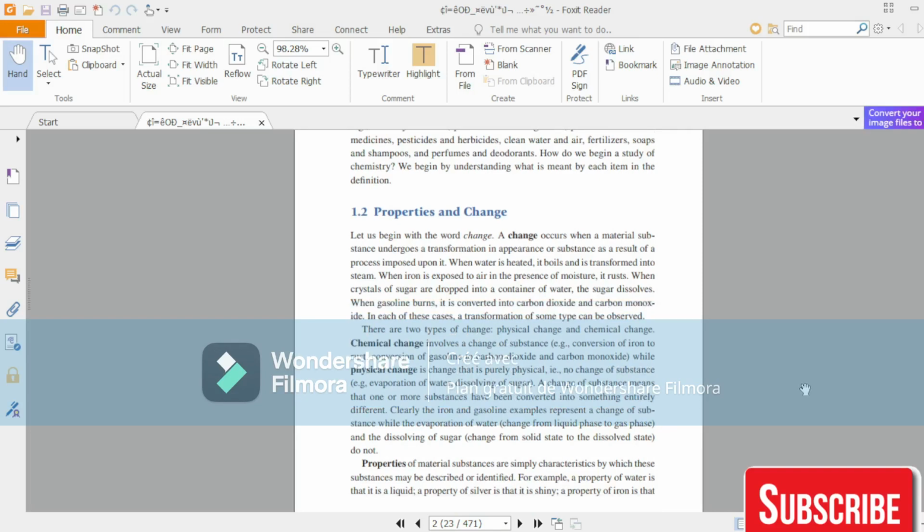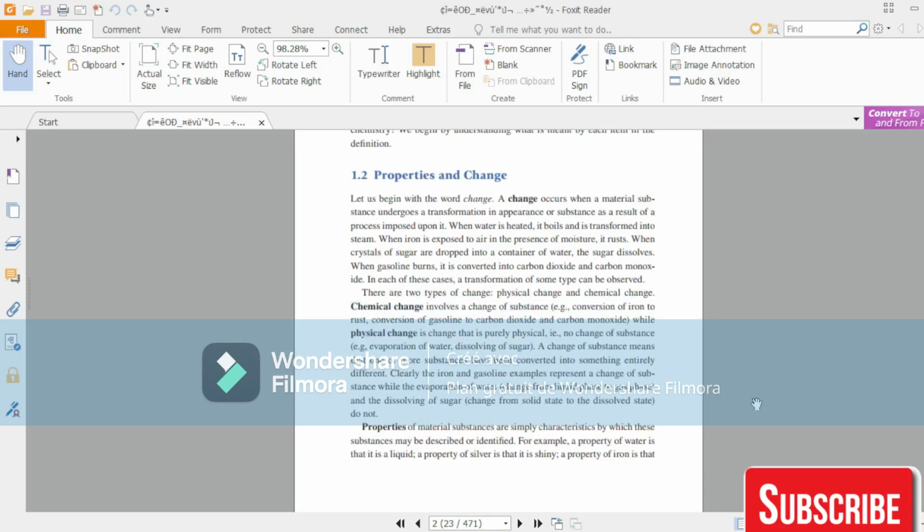For example, evaporation of water, dissolving of sugar. Change of substance means that one or more substances have been converted into something entirely different. Clearly, the iron and gasoline examples represent a change of substance, while the evaporation of water changed from liquid phase to gas phase, and the dissolving of sugar changed from solid state to the dissolved state.